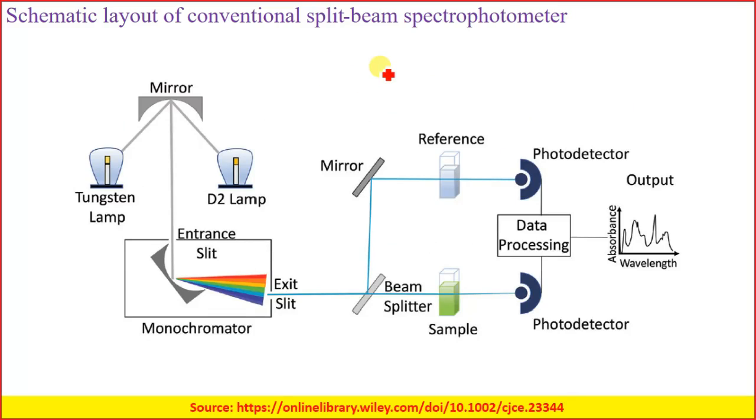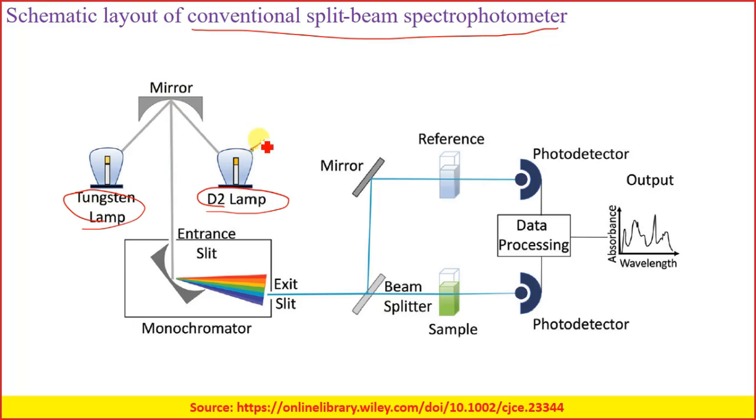Then this is the schematic layout of a conventional split beam spectrophotometer. Over here we have a D2 lamp and a tungsten lamp. The D2 lamp directs radiation onto the mirror, and the tungsten lamp also directs radiation onto the mirror.